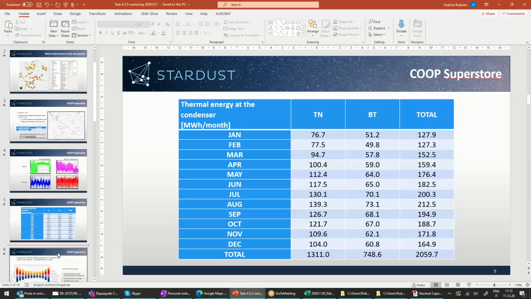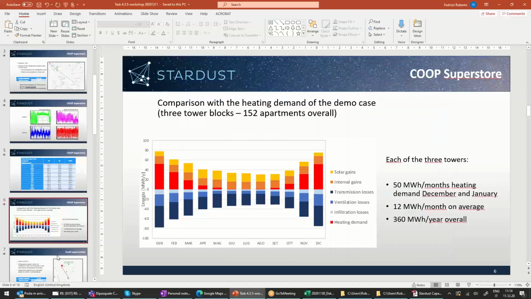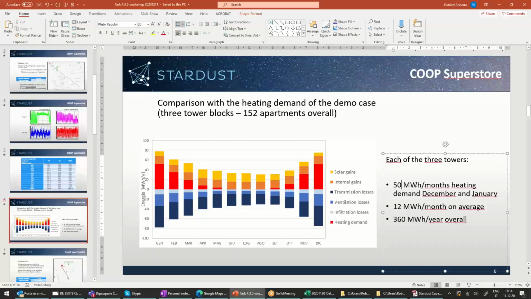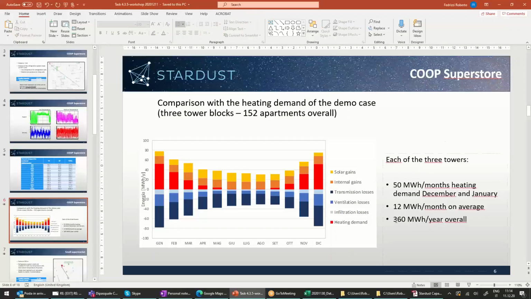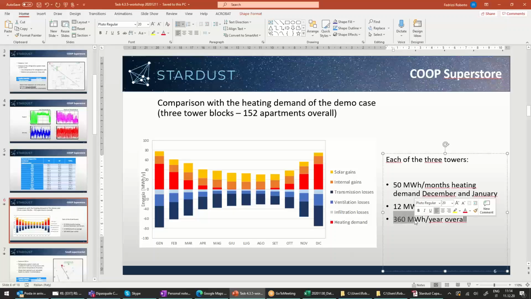So here I report the quantity of energy, the heating demand, that is needed by one of the three tower blocks. Each of the three consumes something like 50 megawatt hours for heating and domestic hot water in December and January, and over 1 year they consume 360 megawatt hours.